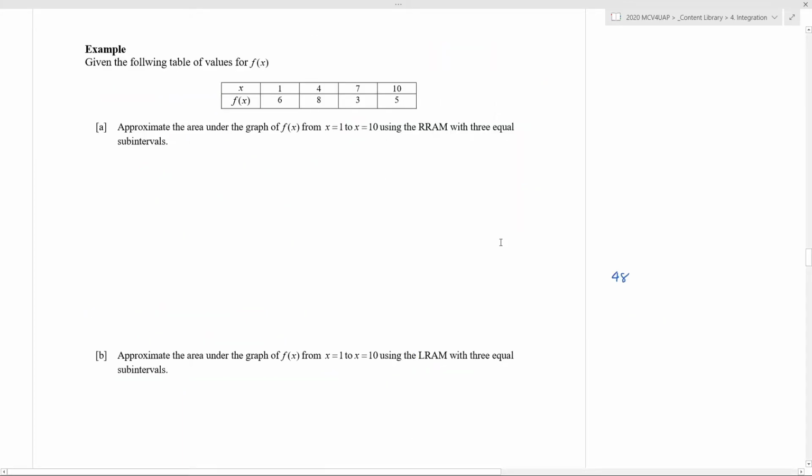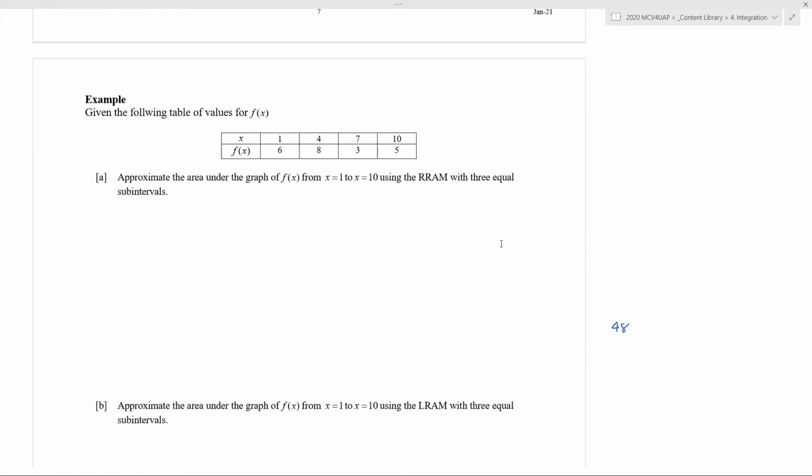So the data is given to you with 4 points there. So if I have 4 points, and in part A, we're being asked to use a right rectangular approximation with 3 equal subintervals. Well, if you notice, the difference between the x values is uniform.